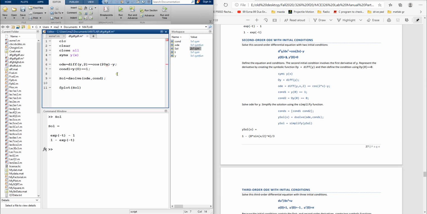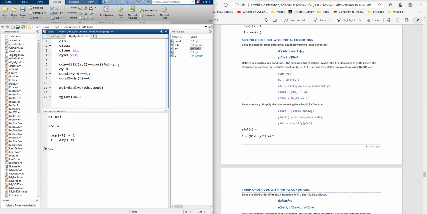And we need also the second one, say cond 2, condition number 2, equal the derivative of y at 0 equal to 0. What is dy? Guys, it is just a variable name or function name. What's dy? We have to define it.